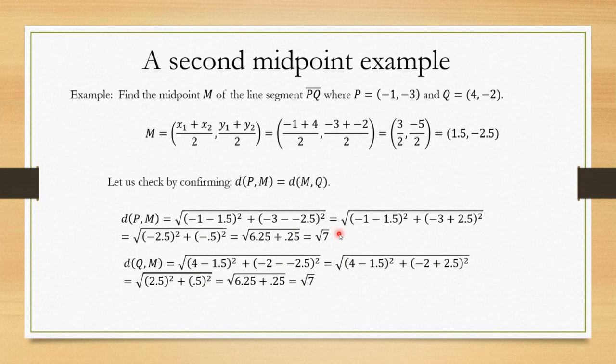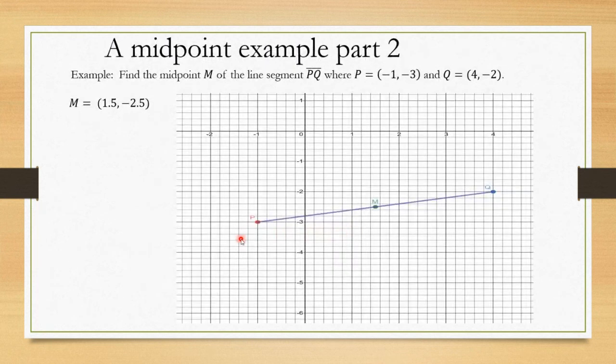Not only that, if we were to plot these 3 points, I did this in Desmos. Here's P, -1, down 3. Q is 4, down 2 units. M, we just calculated here.